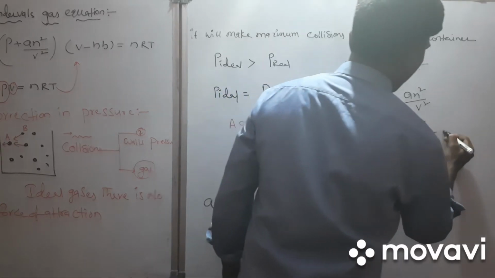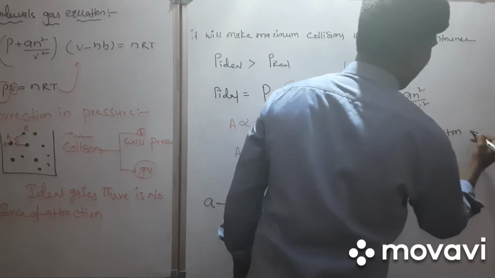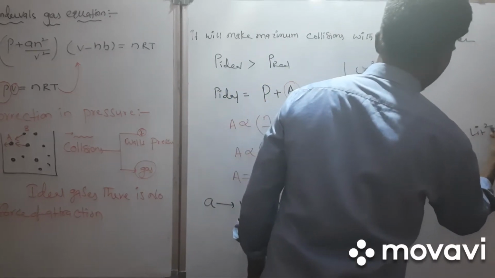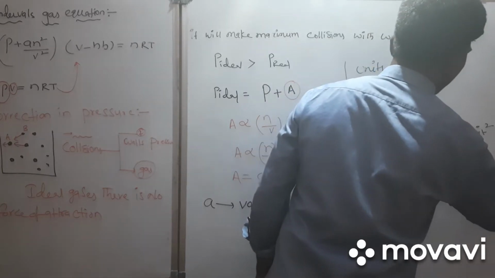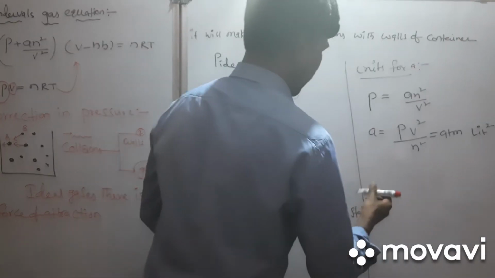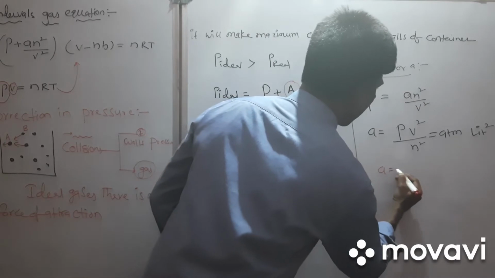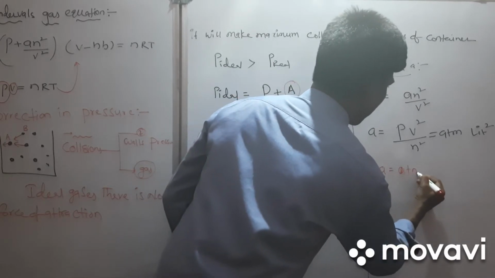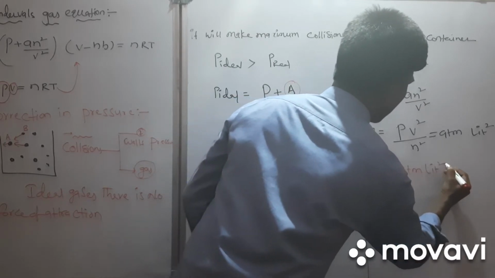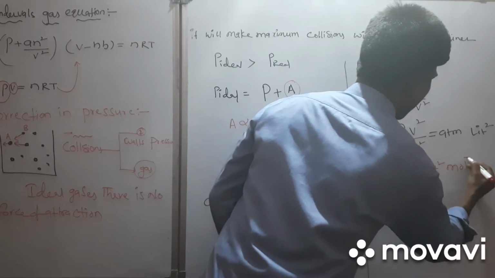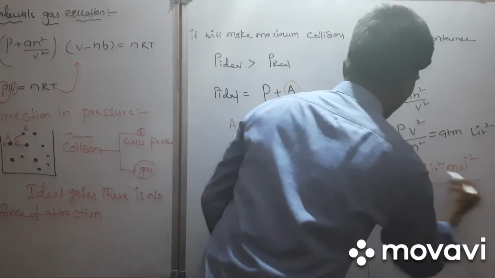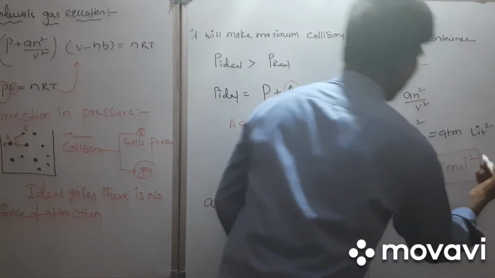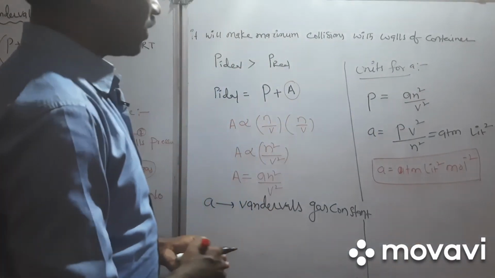Pressure units are atmosphere, volume units are liter to the power of 2, and mole to the power of -2. So a units are atmosphere liter squared mole to the power of -2. These are the units of a, the van der Waals constant.